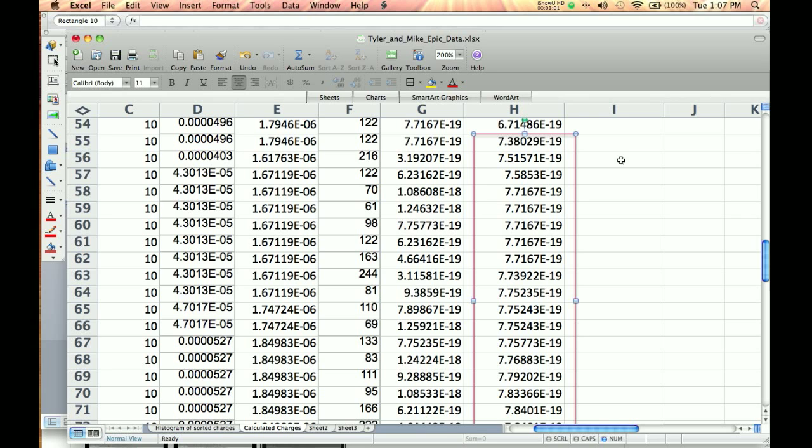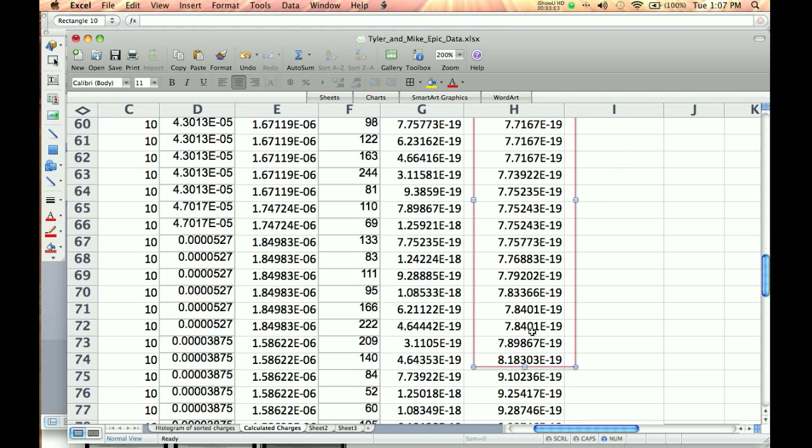Store that in C. And then let's get the other point here. I'm just going to store these in my calculator as I need them. 8.183303 E minus 19. Okay, so there's that, and now we're ready to do a little calculation.